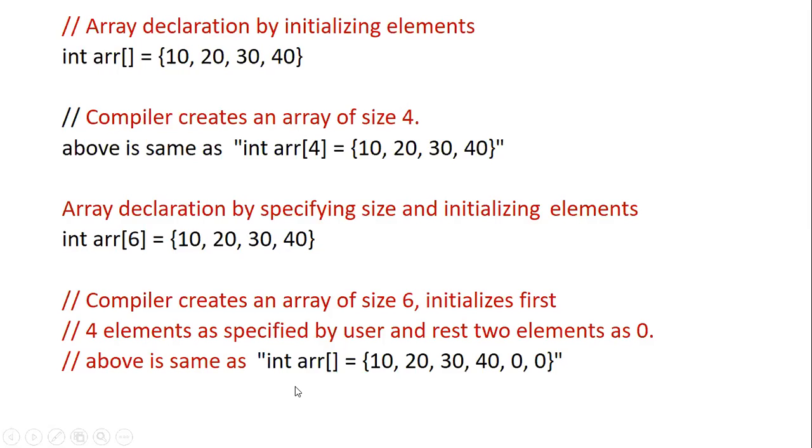The same example is given in the last line: as you can see, ARR equal to 10, 20, 30, 40, 0, 0. So these last two both work in the same fashion. Both have 6 values in the array, whereas we have declared only 4 in the third one, and in the other we have inserted 6 values. But the values stored in both arrays will be the same.